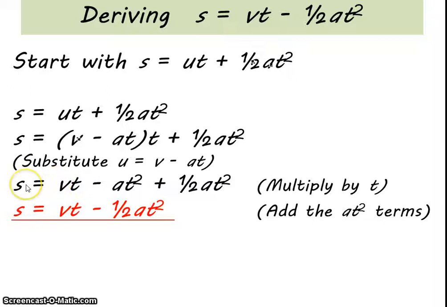And then I've just got this little equation here that needs to be tidied up. So I've got vt minus at squared plus half at squared, and the half will cancel out a half of this, and then you end up with the final equation here.